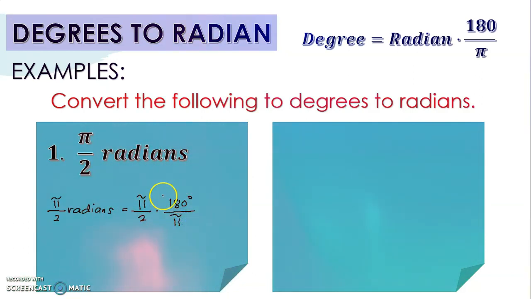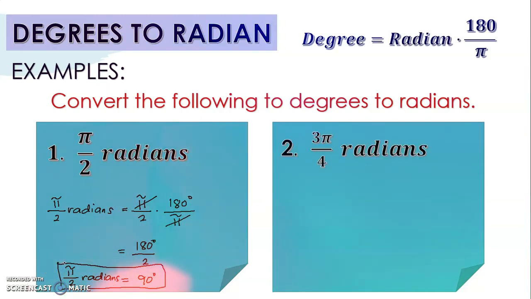In this manner, class, you're going to cancel out the pi and it will become 180 degrees divided by 2, and 180 degrees divided by 2 would be 90 degrees. And that would be your answer. Meaning, pi over 2 radians is equal to 90 degrees.